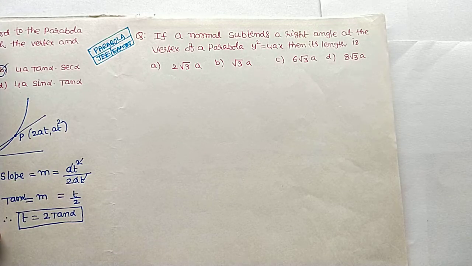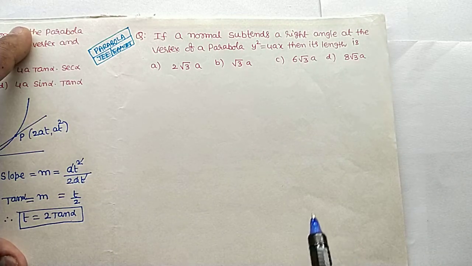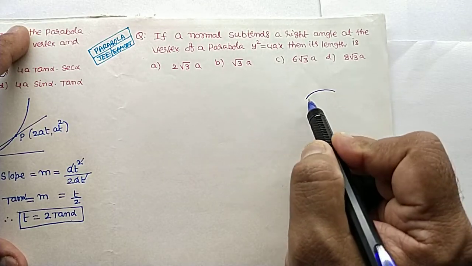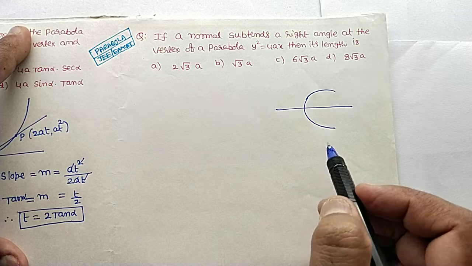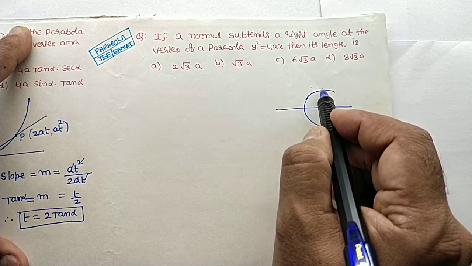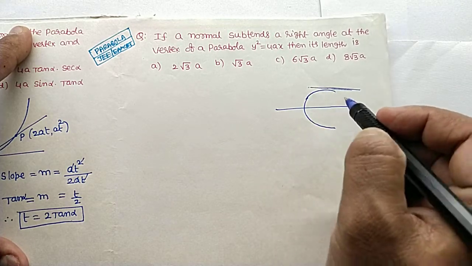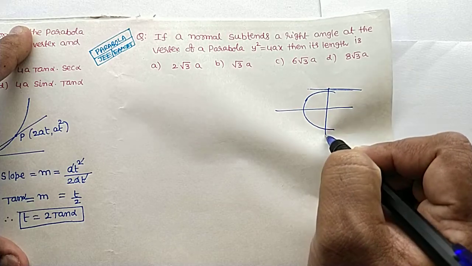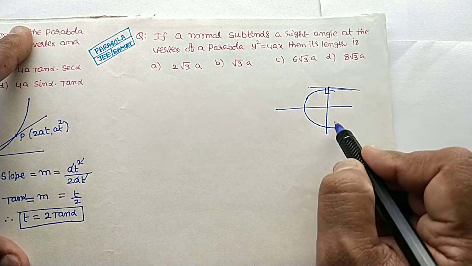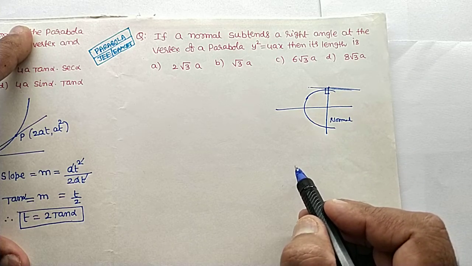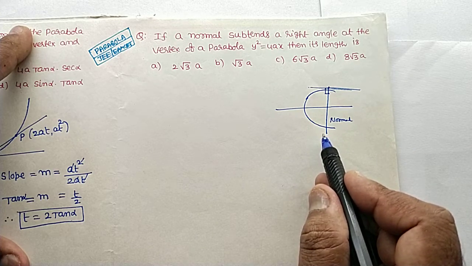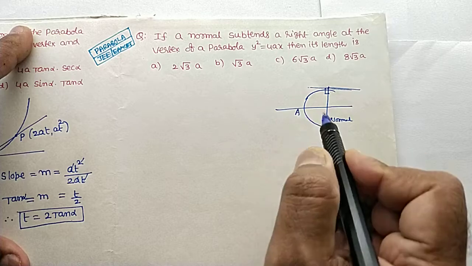Then we have one result. I'll draw the figure corresponding to the problem. This is the y square equal to 4x figure, and this is a tangent equation. So obviously the normal is perpendicular to this one only, no? So this is the normal as well as the chord, the normal chord. This makes a right angle at the vertex. So the vertex is here.